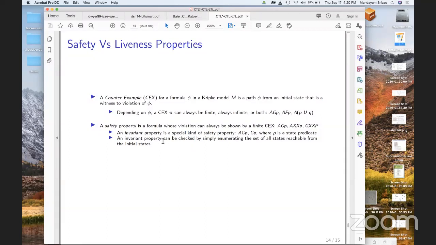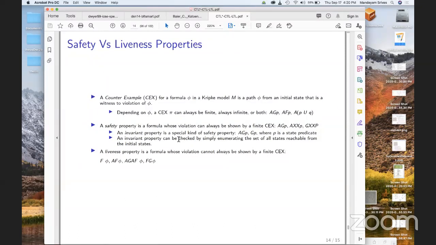And that's why this is of quite some importance. Even though it is very restricted, it occurs in lots of things, and in model checking, invariant properties are of quite a bit of interest in practice.